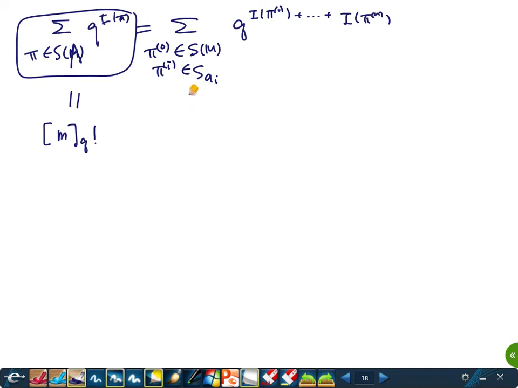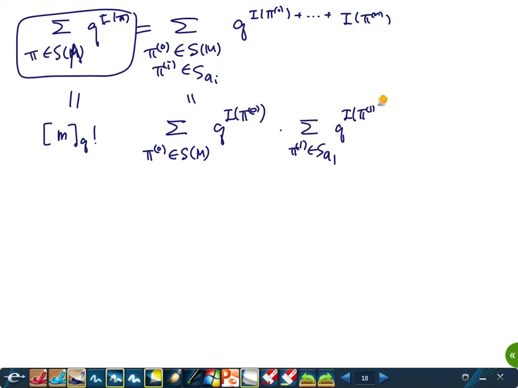And here, let me rewrite the right-hand side. Let's keep this. They are all separate, so we can write this way, as a_1, dot dot dot. But what is this?